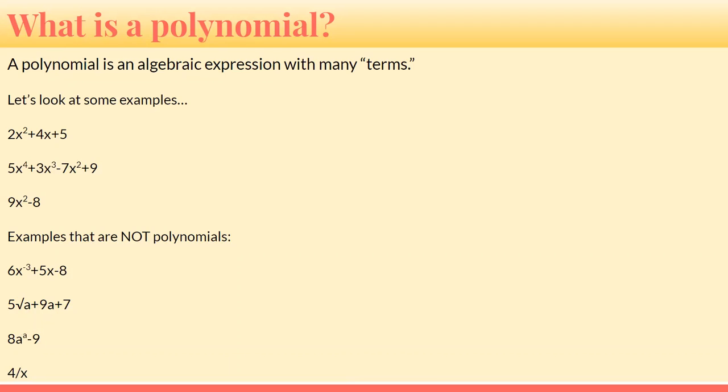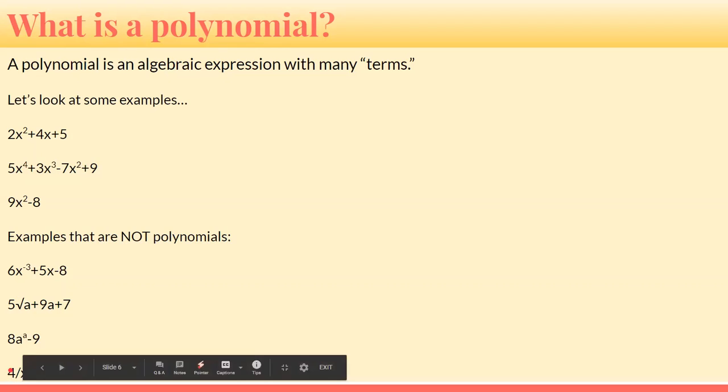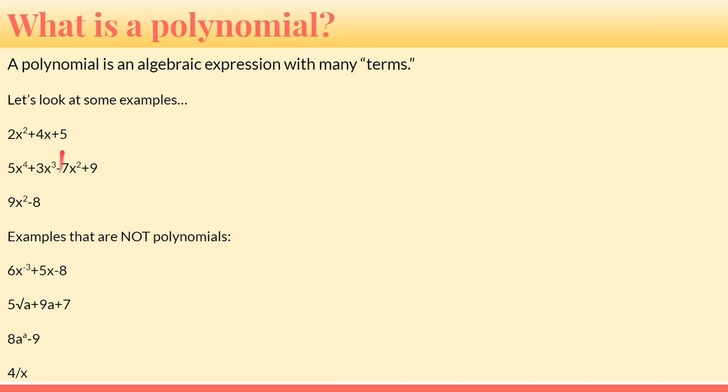And finally, we have this 4 divided by x. So the reason why this isn't a polynomial is because we actually have a variable in the denominator. So if you look at these polynomials over here that are examples, we can see that all the variables are basically in the numerator. So we can say, for example, 2x squared plus 4x plus 5 is the same thing as 2x squared plus 4x plus 5 divided by 1, right?